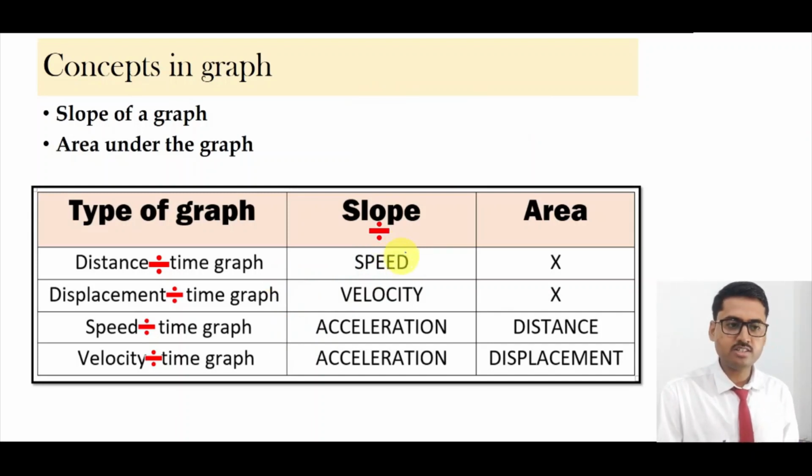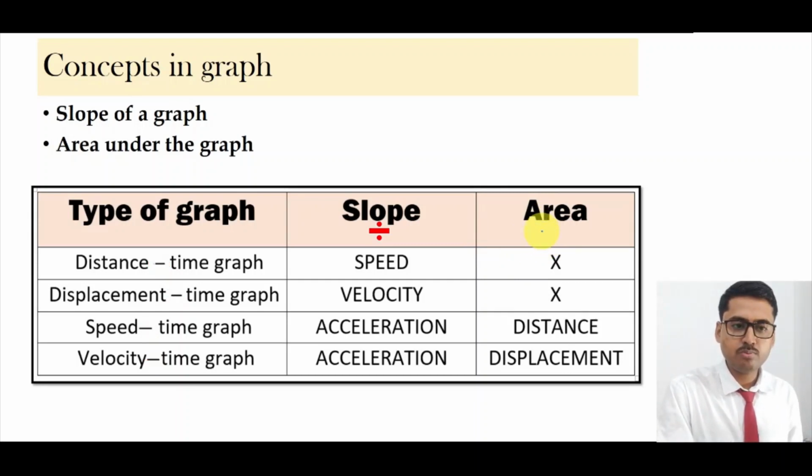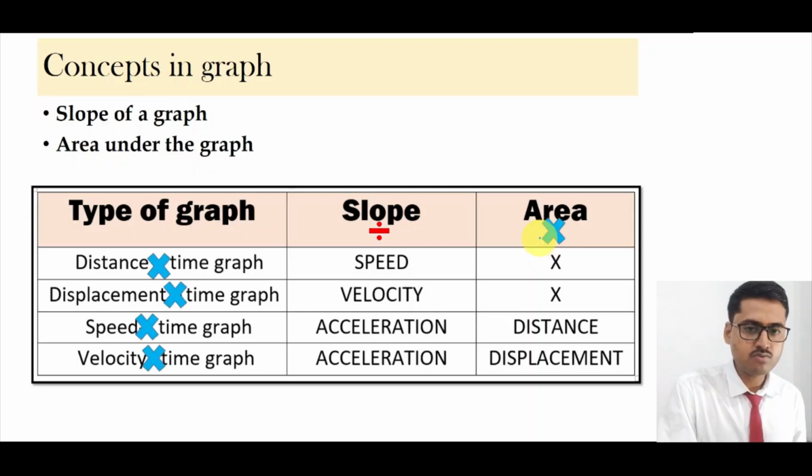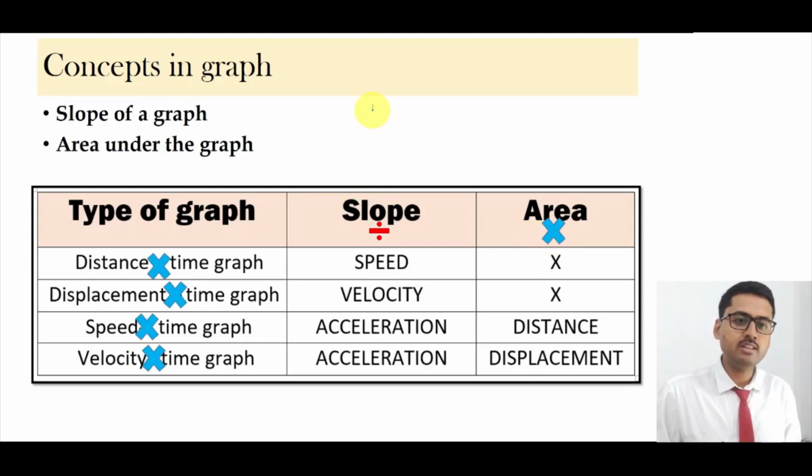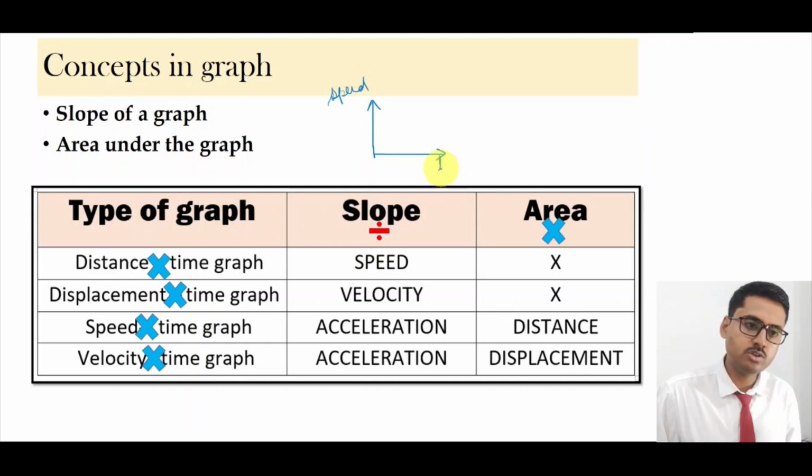Now let us understand what we will get when we are calculating the area under the graph. So basically, when I say area under the graph, we are basically multiplying the y-axis quantities with the x-axis quantities. So if this is your, let's say, speed and this quantity is your time, if you multiply speed into time, basically we get distance, and this is what is given over here.